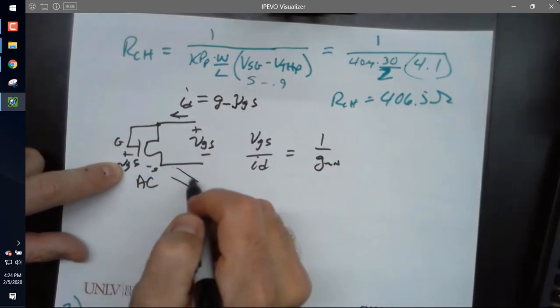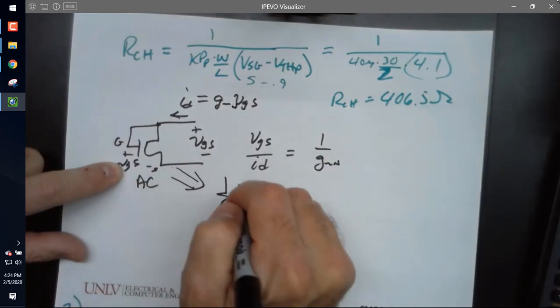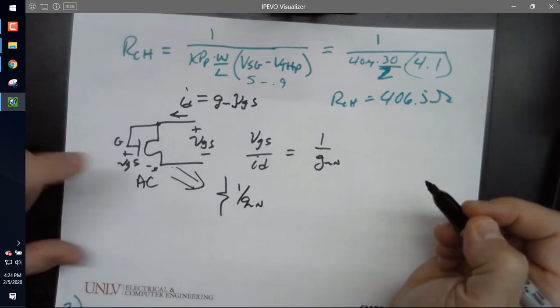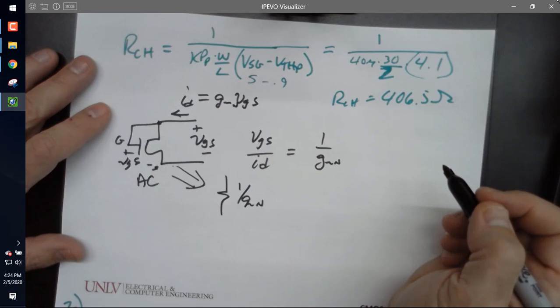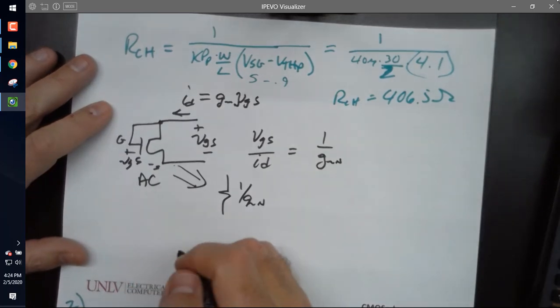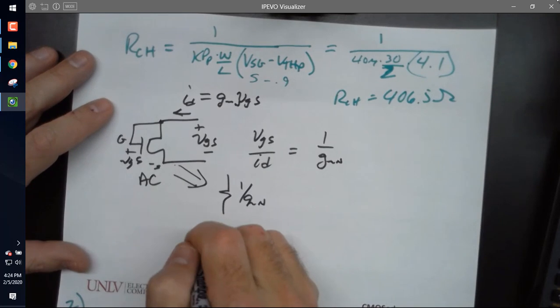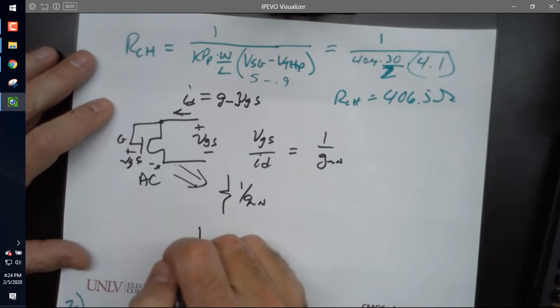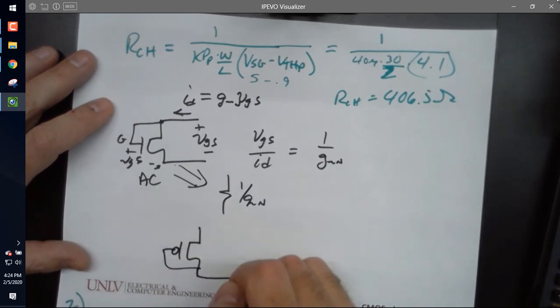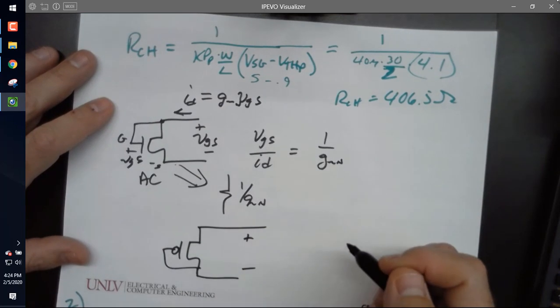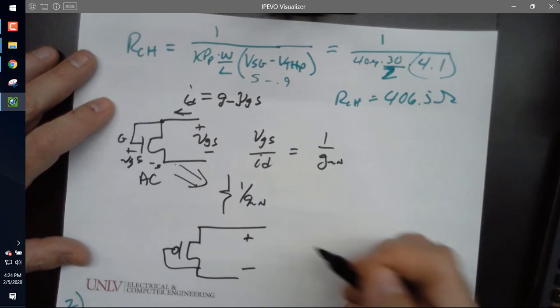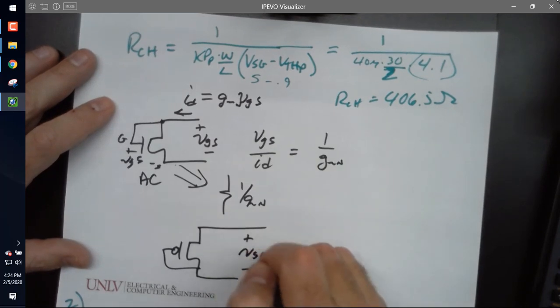So I can think of this for small signals as a resistor of 1 over GMN. Let's do it for PMOS, because I see Sony's looking confused back there. He's like, what the hell magic is that? All right, so I ask you again now, you're going to kill me. What is the voltage that I've drawn here? VSG.